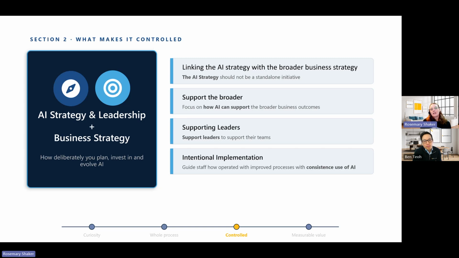Another really big passionate area of mine is our leadership cohort, supporting our leaders and giving them the skills to support their teams in this space. When we look at how we use AI and how it's changed our way of working, we don't necessarily have a plethora of transferable skills in this space. So it is about guiding that leadership cohort in how to lead in an era of AI.